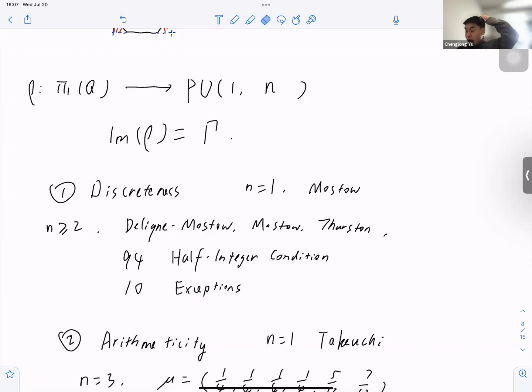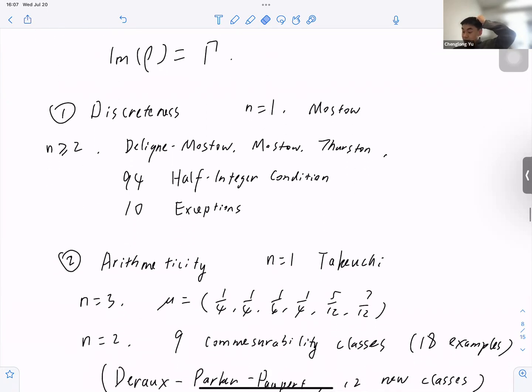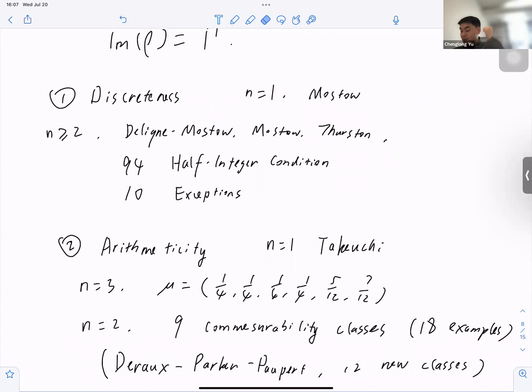And for n equals 1, there are infinitely many of those groups, and basically they are all related to triangle groups. And for arithmeticity, n equals 1 is already done by Takeuchi. And for n equals 3, there is one non-arithmetic subgroup inside PU(1,3).